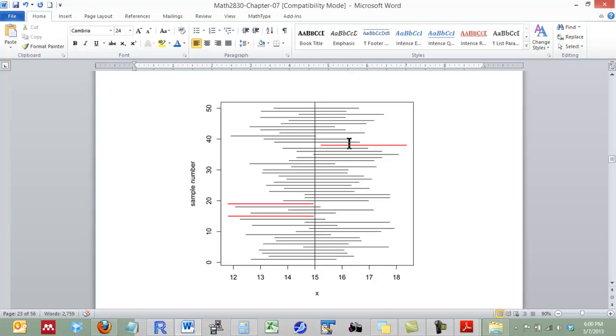But this one in red missed it; it overshot it. These two missed it by a little bit, and they're a little bit below. So 5% of the time you're going to be unlucky when you take that sample and you're going to miss your mu. But otherwise, 95% of the time those intervals actually captured that true mean.